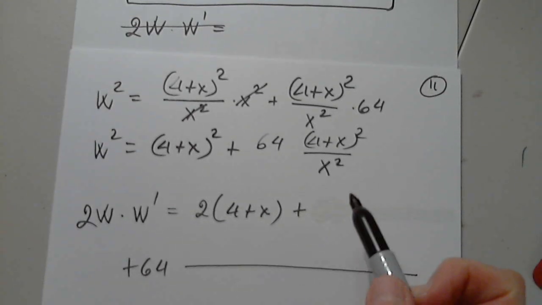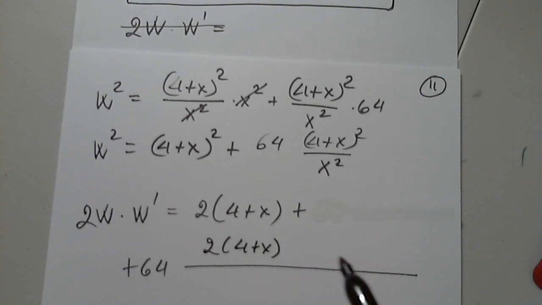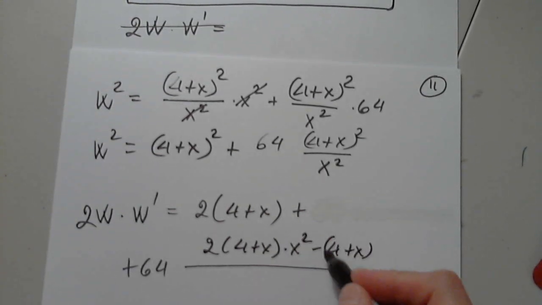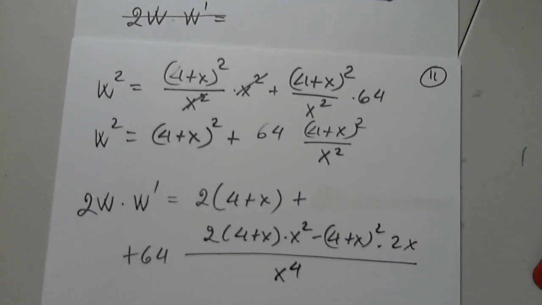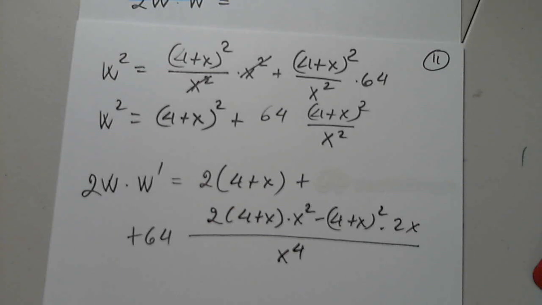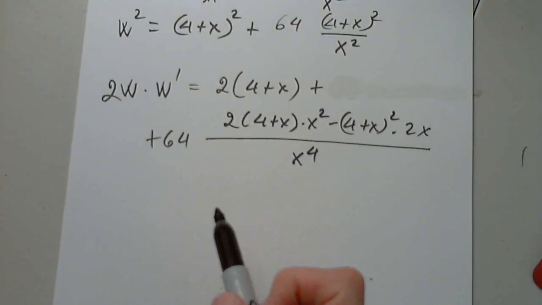Okay. The top prime times the denominator minus 4 plus x everything squared times 2x over x to the 4th. Wow.